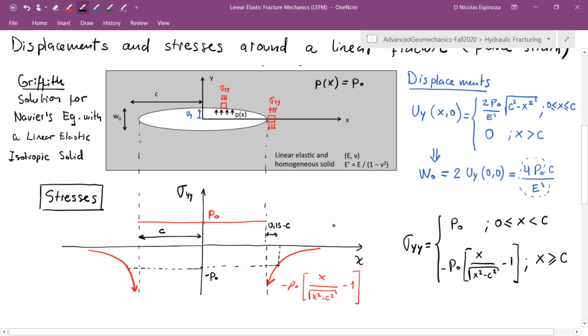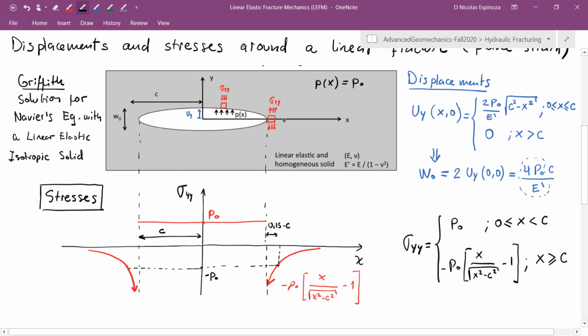Okay, so this also makes sense because it's telling us that in order to support this compression at the face of the fracture, I need a tension that is balancing that compression. And when I pressurize this fracture, that's going to be at the expense of a material getting in tension at the tip of the fracture.